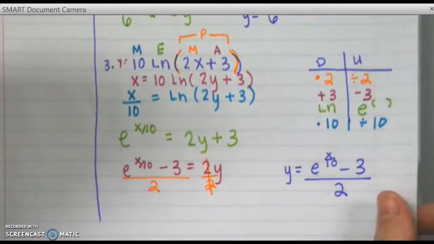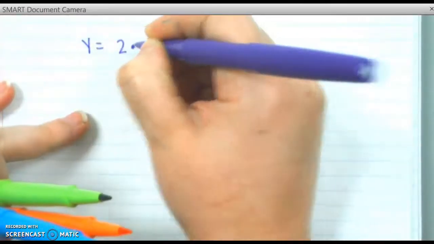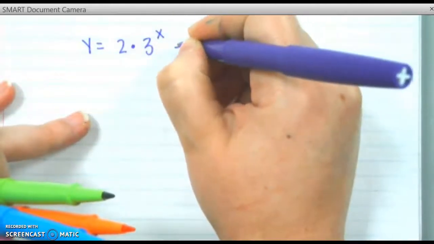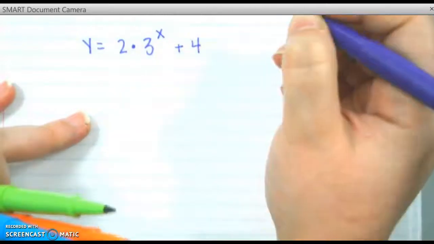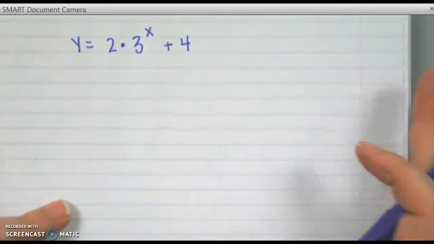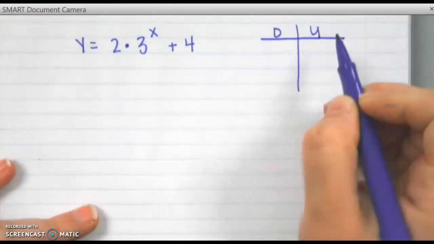All right, let's do one more. All right, so in this case, I don't have any parentheses because my exponent is just x.